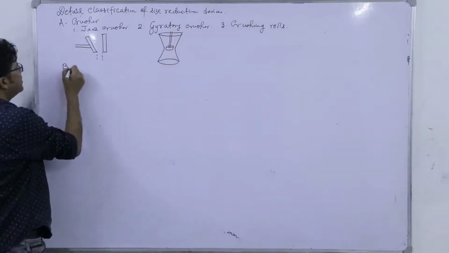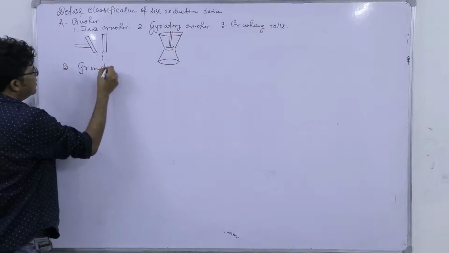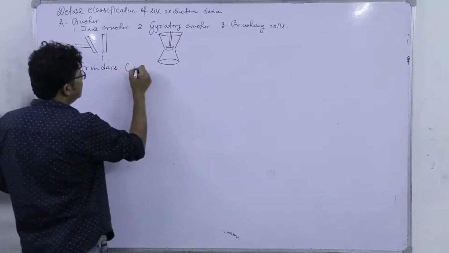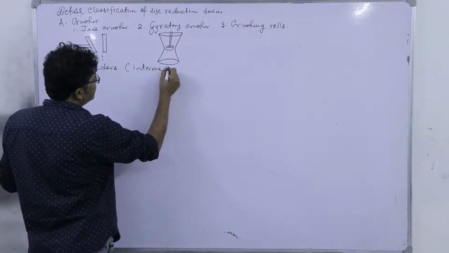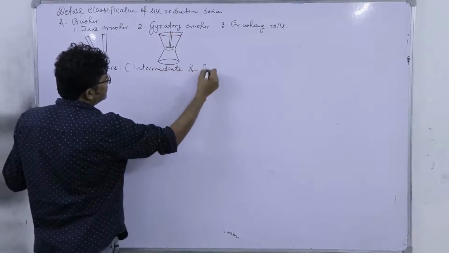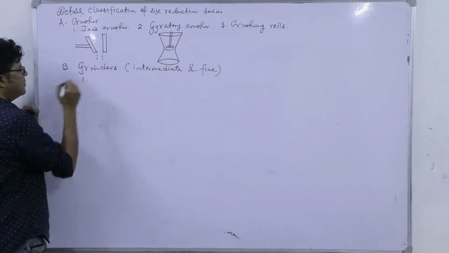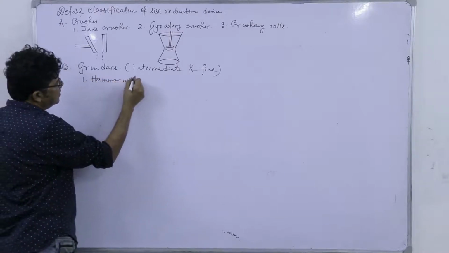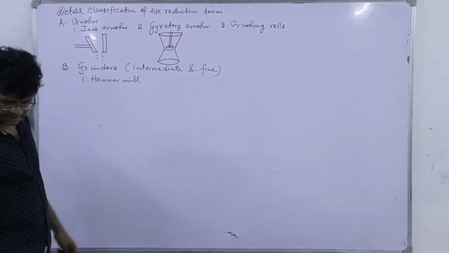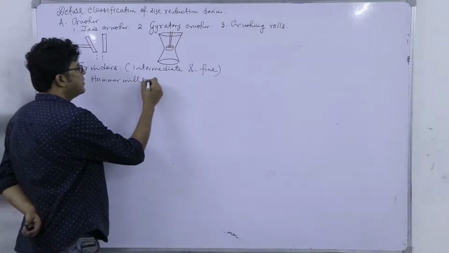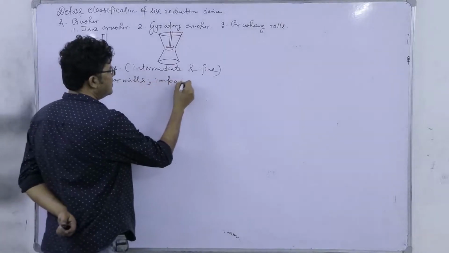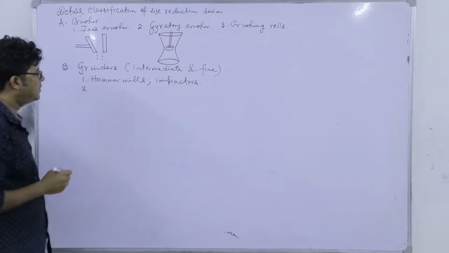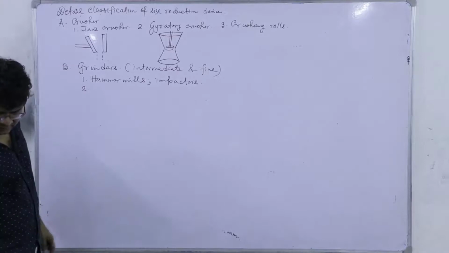B, grinders. And this is basically intermediate and fine grinders. So one is the hammer mill, then impactors. Number two is these attrition mills.